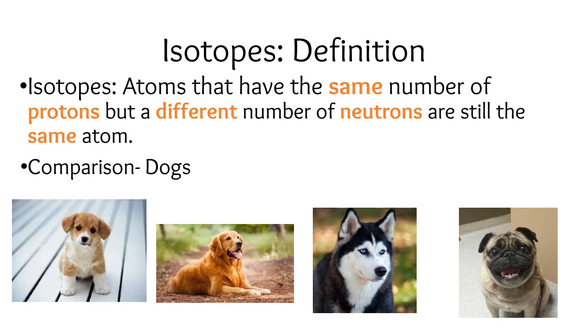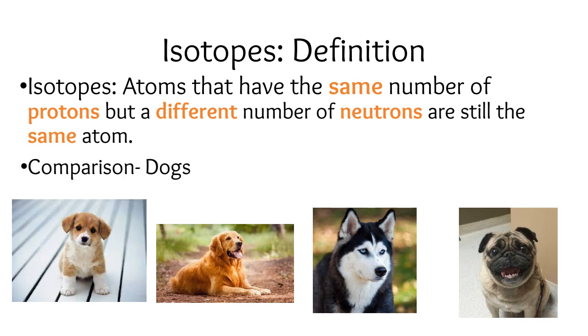A great way to think about isotopes is comparing them to breeds of dogs, okay? A dog is a dog, but there's multiple different types of dogs. So you see here we have a pug, a husky, a golden, and a puppy that I'm not 100% sure what the breed is.